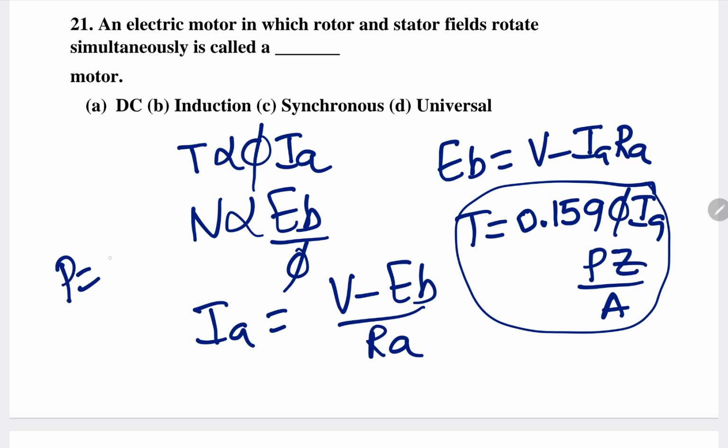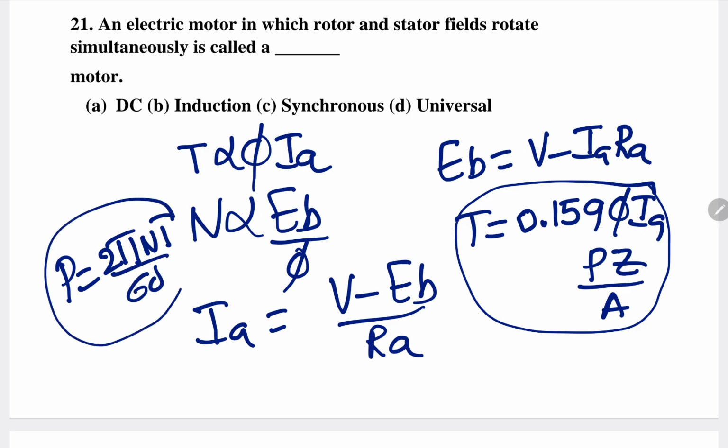And output power of the motor in terms of torque is 2 pi N T by 60. So these are very important formulas.